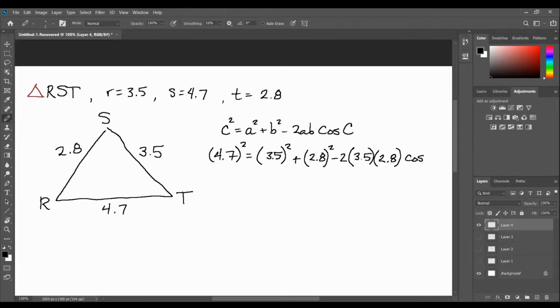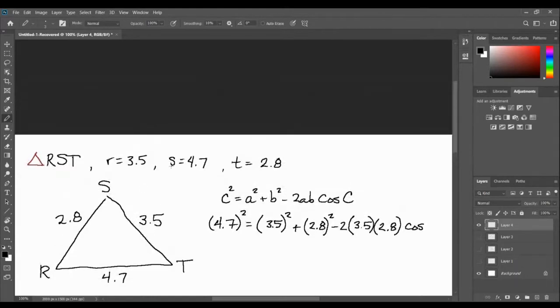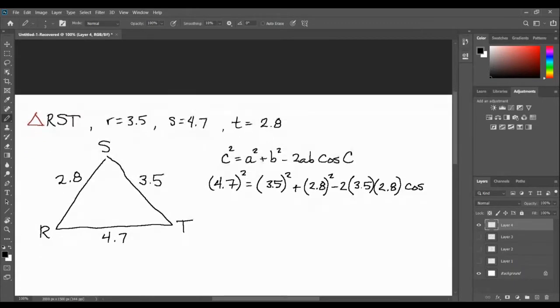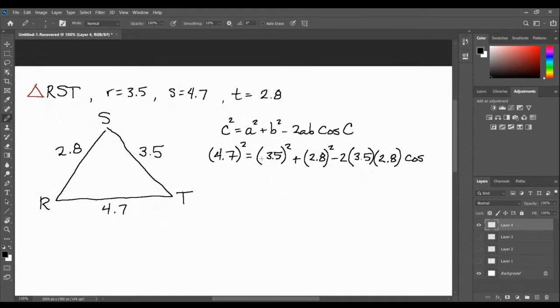Now, the angle opposite the 4.7 is, I think I just figured out why it's messing up on me, is S. So I'm looking for S.